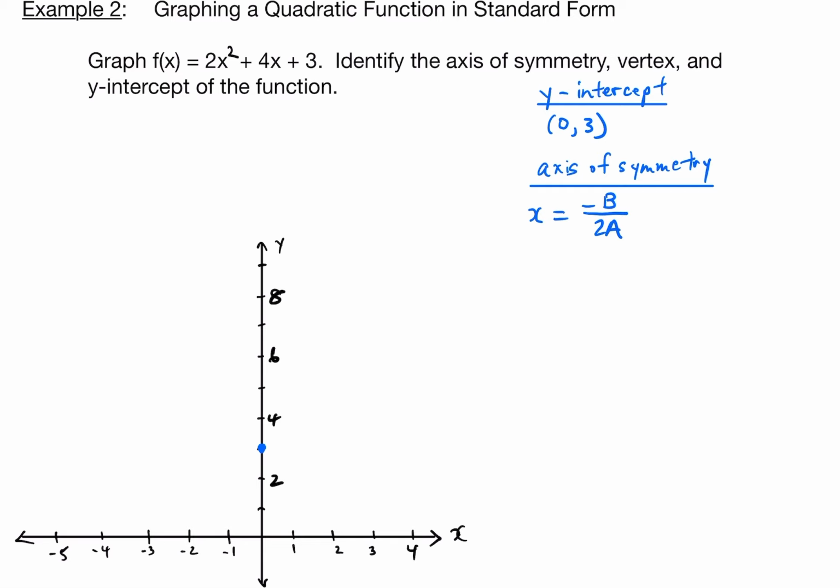Before we start entering values for b and a, we need to first identify what they are. If you take a look at this coefficient, this is my a, so a is equal to 2. And this coefficient is my b, and my b is equal to 4. And we know that this is my c because we already plotted the y-intercept.